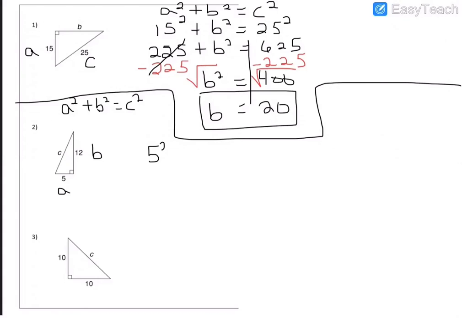I have 5 squared plus 12 squared equals C squared. Okay, 5 squared is 25, 12 squared is 144, equals C squared. So what is 25 plus 144?